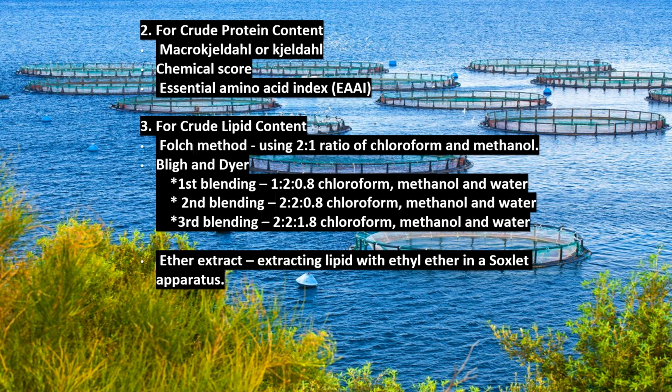So for the crude lipid content, we can use the Folch method, using a 2:1 ratio of chloroform and methanol, or Bligh and Dyer. So there are first blending, second blending, and third blending. For ether extract, it is the extracting of lipid with ethyl ether in a Soxhlet apparatus.